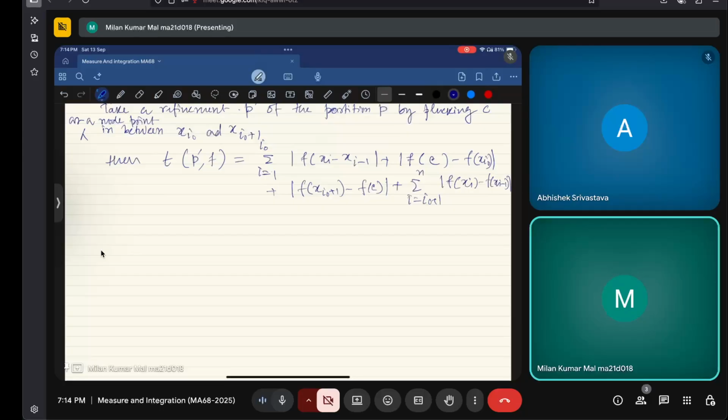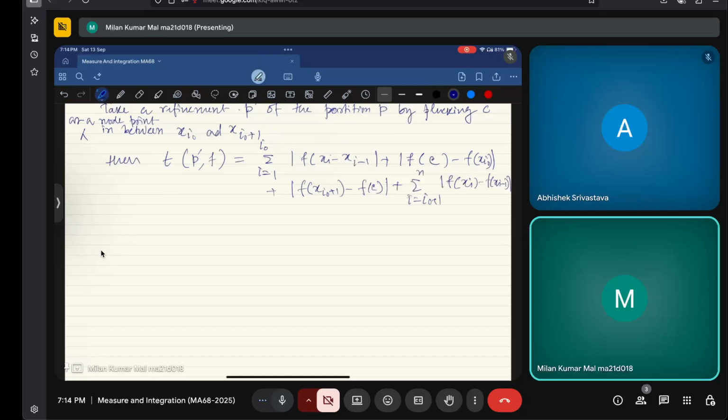So it will start from i0 + 1, and it will go to x_i0 minus x_i0 − 1.